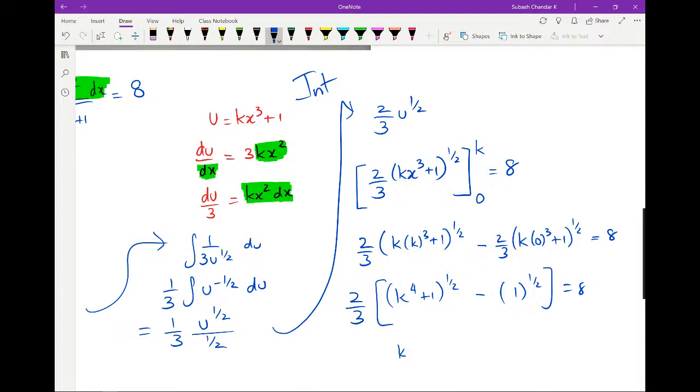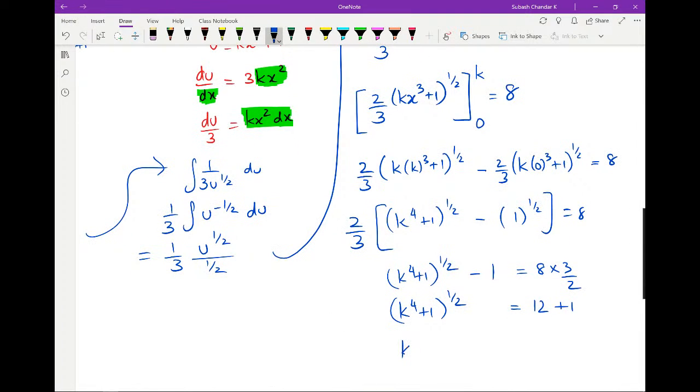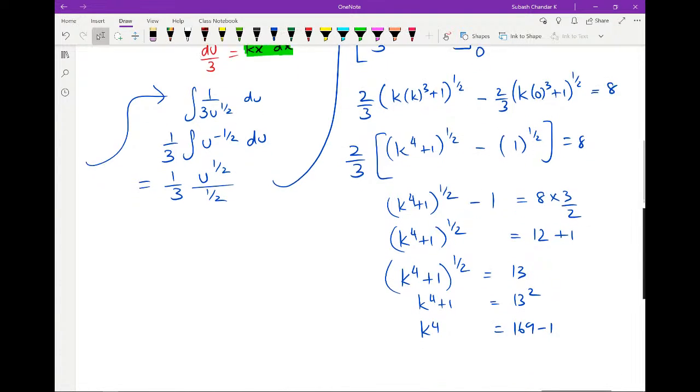We're going to get (k^4 + 1)^(1/2) minus 1 equals 8 times 3 over 2. So we got (k^4 + 1)^(1/2) is equal to 8 times 3, 24, 12 plus 1, 13, and then k^4 + 1 equals 13 squared. k^4 equals 169 minus 1.